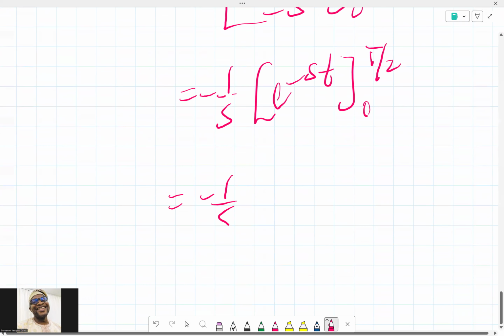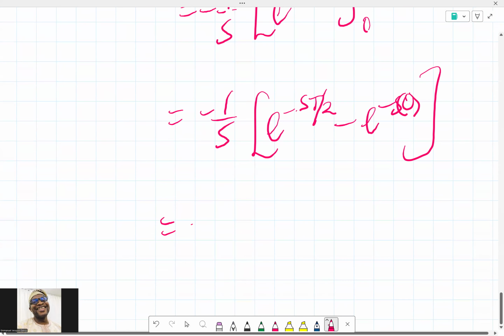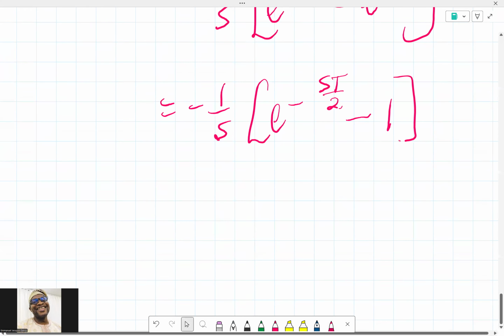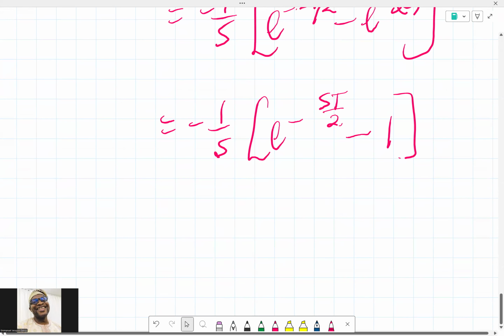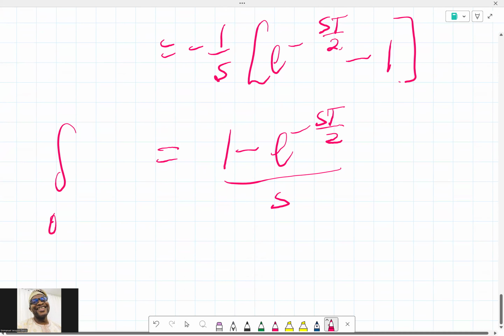When we put in the values, we have e raised to minus sT over 2 minus e raised to minus 0, because once t is 0, that's s times 0. That equals minus 1 over s times e raised to minus sT over 2 minus 1, since e raised to 0 is simply 1. If we tidy that up, we have 1 minus e raised to minus sT over 2, all over s. So that is the integral from 0 to T over 2.